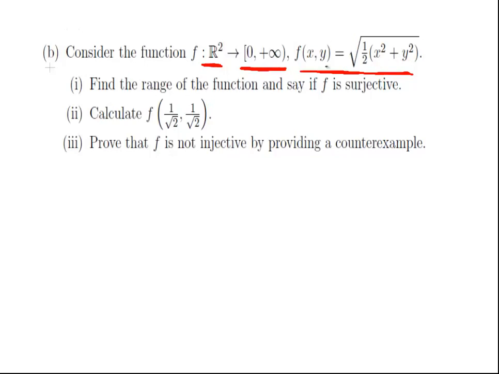Now, the question is, find the range of the function and say if it is surjective. Also, a couple of other little questions there. Let's recap. This is the domain, not massively important. The codomain is this part here, and this is the function.